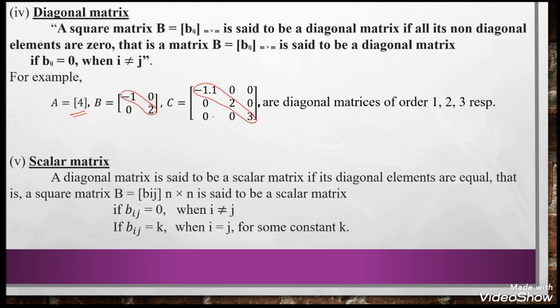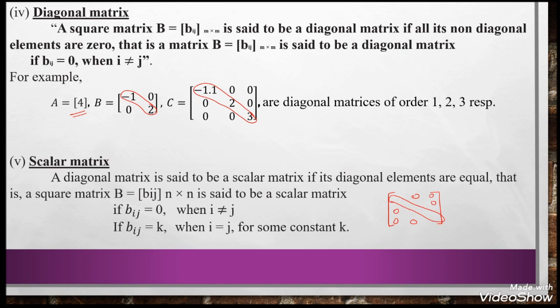Next, there is the concept of a scalar matrix. A diagonal matrix is said to be a scalar matrix when the diagonal elements are equal to each other. First, we have to take a diagonal matrix where all diagonal elements are the same, and the elements other than the diagonal are equal to 0.